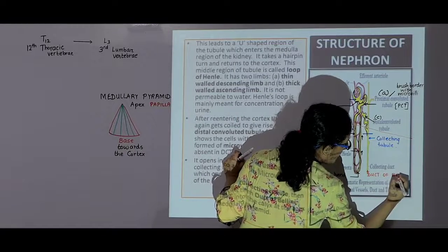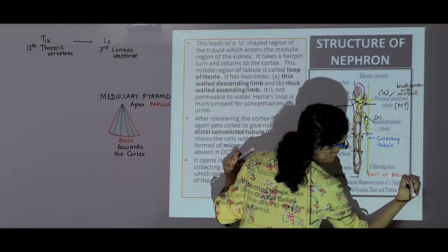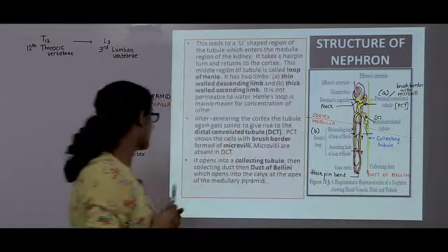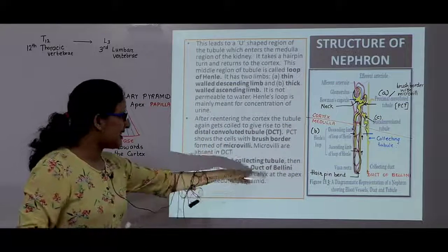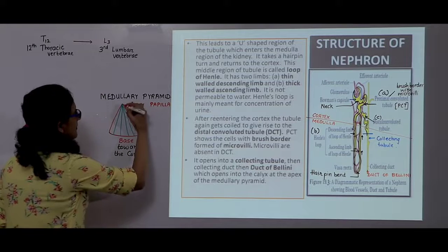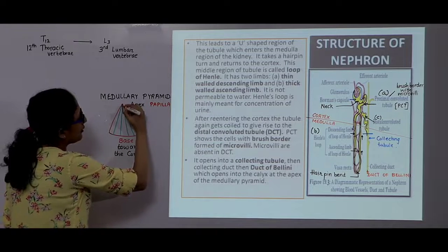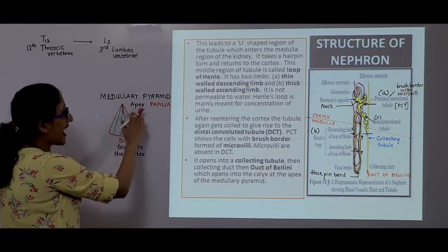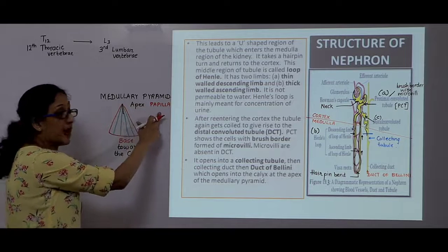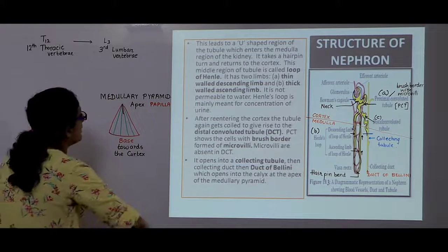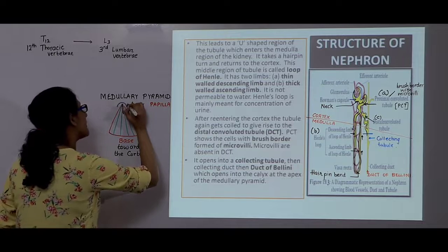Bell, B-E-L-L. And ultimately this duct of Bellini will be here. The duct of Bellini will open at the apex or the papilla, and who will collect it? That minor calyx.